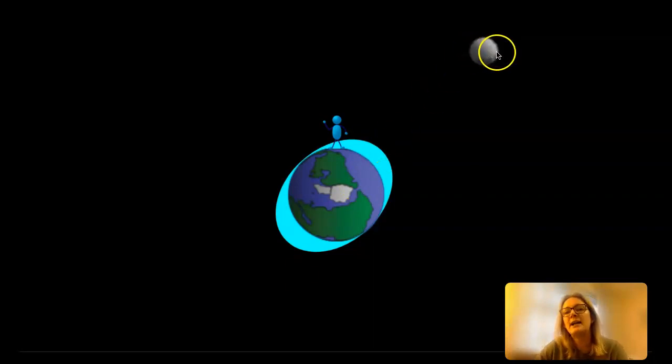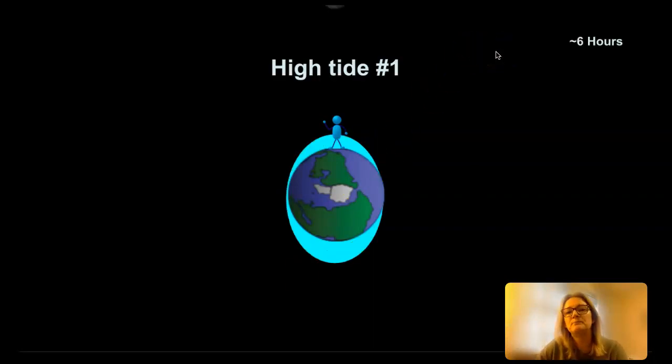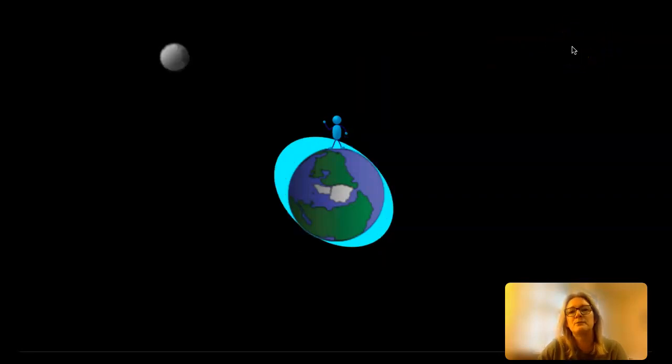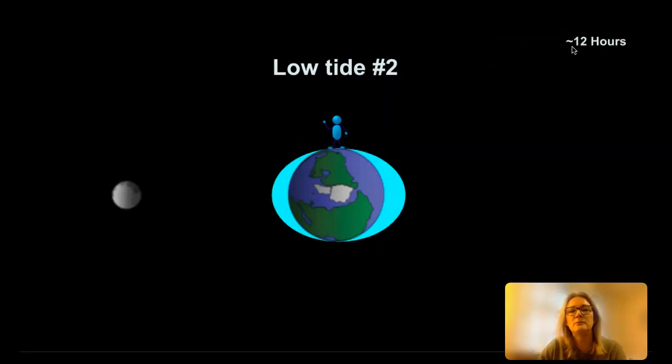And you can see that as the moon changes position, the bulge of the tide goes with it. And the moon is just off the screen here at the top. So here we are, our person is experiencing the first high tide of the 24-hour cycle, about 6 hours in. And as we keep going, the moon continues to orbit around the Earth. Now we are standing in the low tide position. Oh, and that should say low tide number 1.